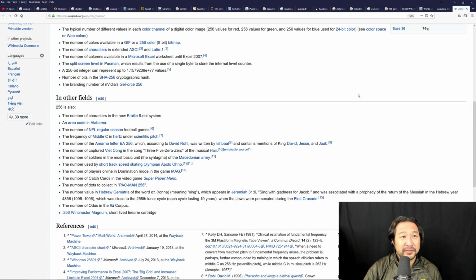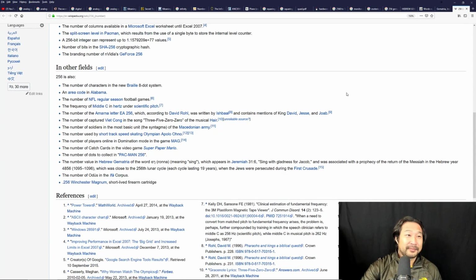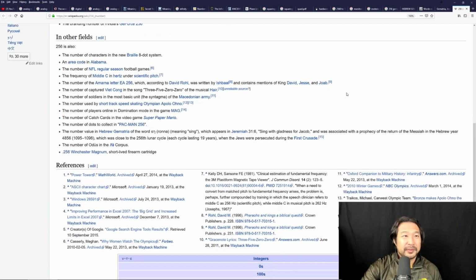The branding number of NVIDIA GeForce 256. Other fields. The number of characters in a new Braille 8-dot system. Again, 8-dot system, 256 characters. Number of NFL regular season football games. Error code in Alabama. Frequency of middle C in hertz under scientific pitch.